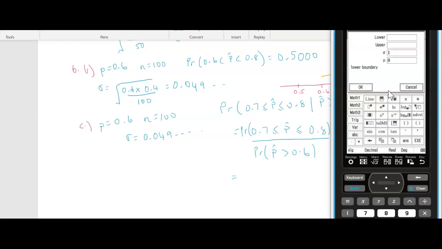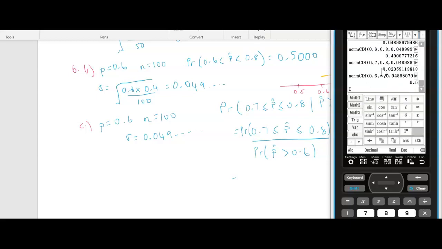All right, so this time we want to be greater than 0.6. So 0.6 is my lower limit. My upper limit is infinity. My standard deviation, I can just paste that in, and my mean is 0.6. All right, so I'm going to highlight that, divided by 0.5.